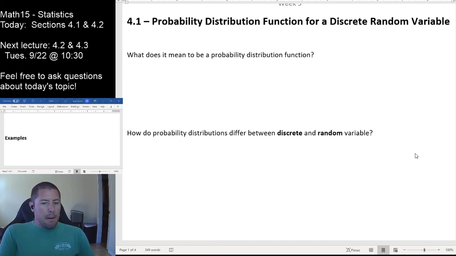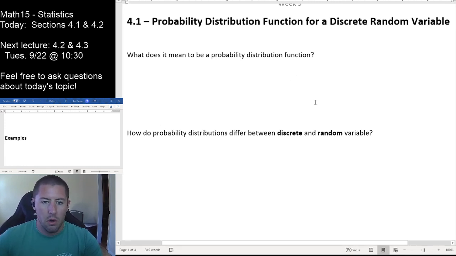So what does it mean to be a probability distribution function? Let's understand what this object of interest is that we're even looking at here.